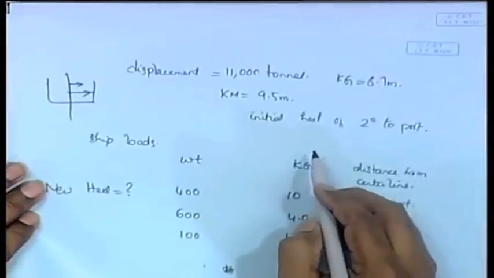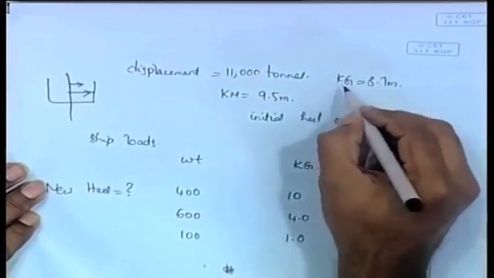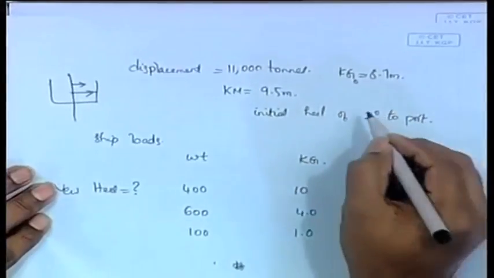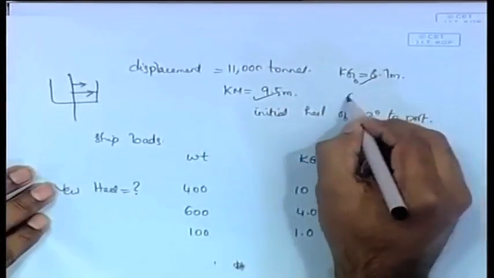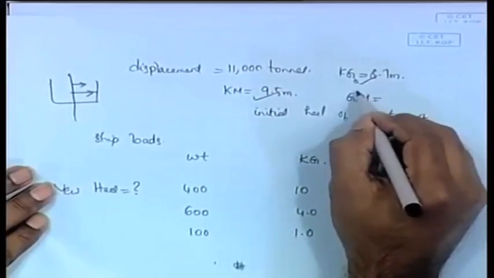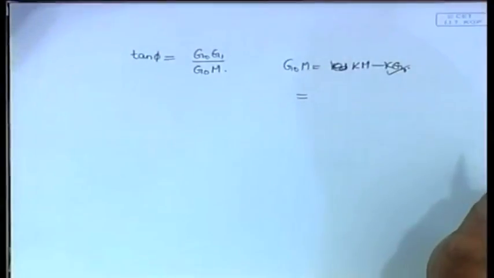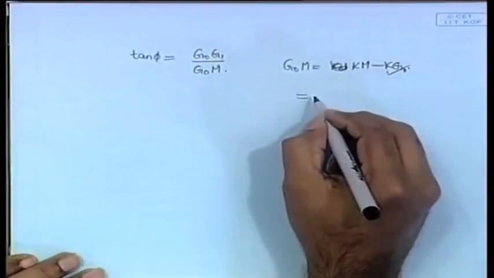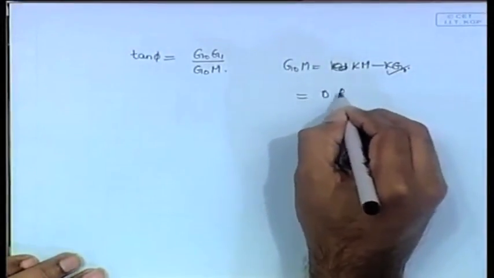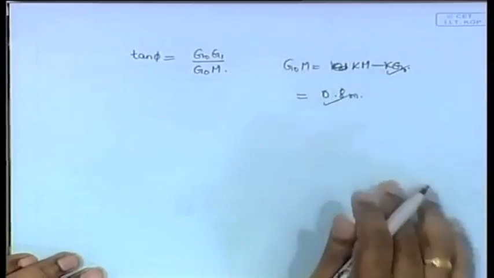So from these two you can get G0M as KM minus KG0. From this you will get something like 0.8 meters. So this gives you your G0M.